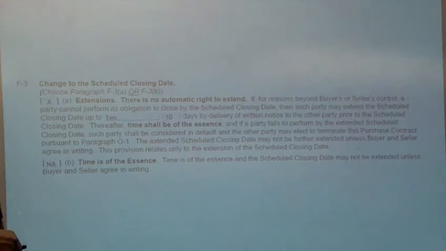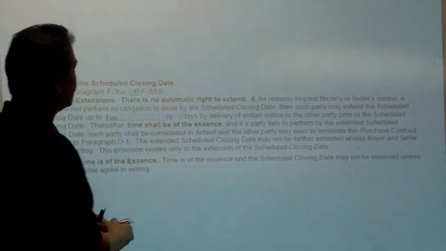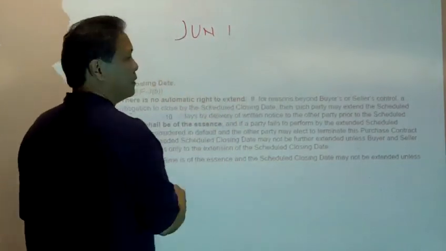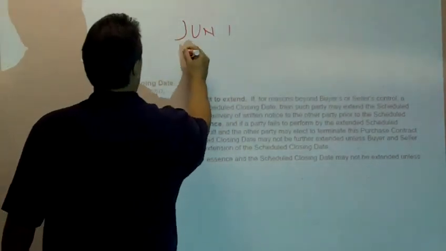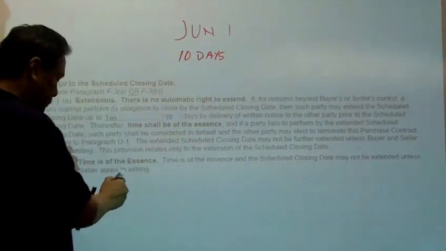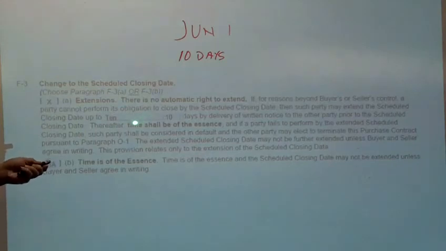What does that mean? So I have a buyer that we have a closing date on June 1st. Right? And he has 10 days to extend it. Business days? What does it say? Up to 10 days, right?